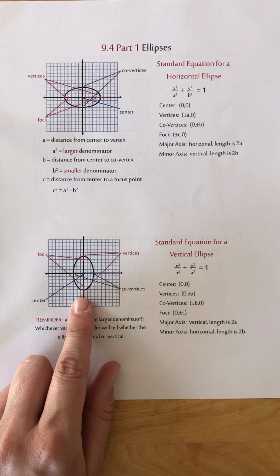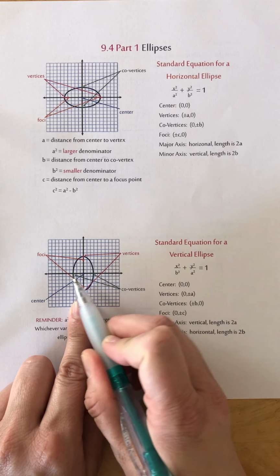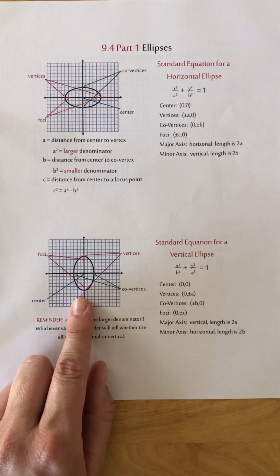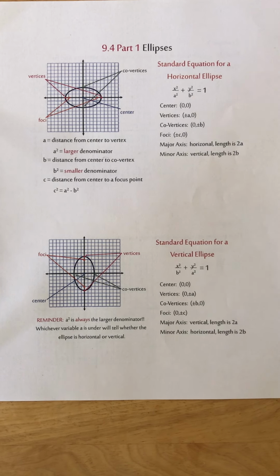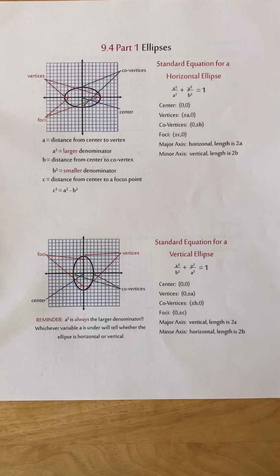Over here for the vertical ellipse, my co-vertices are going to go left to right because that is the smaller distance. So what does C represent? C is the distance from the center to a focus. Now we talked about a focus when we had parabolas. Remember we said that in a parabola, your parabola always opens around the focus?